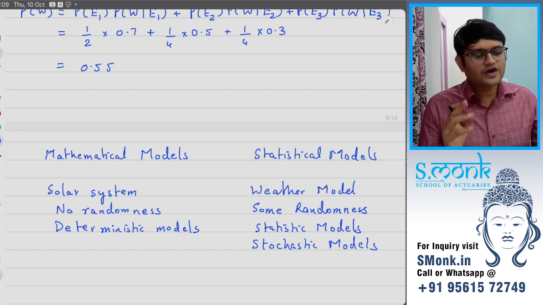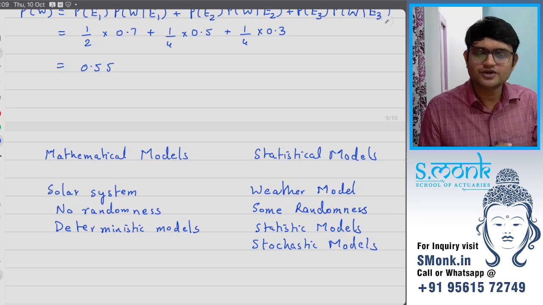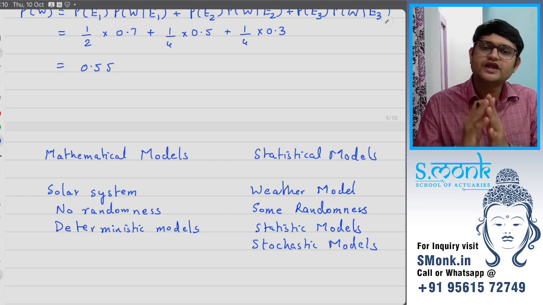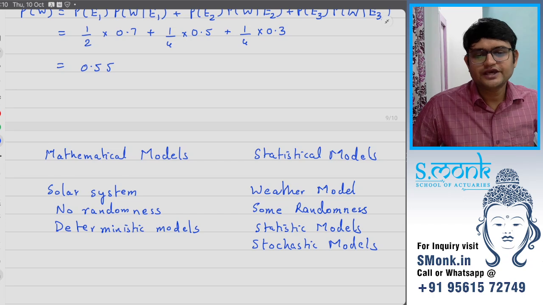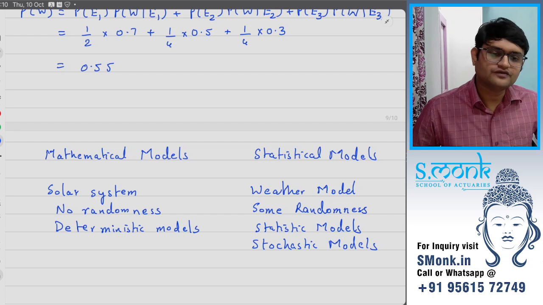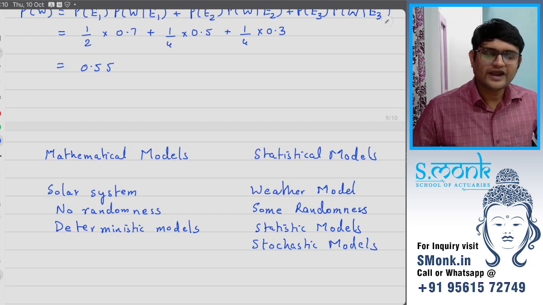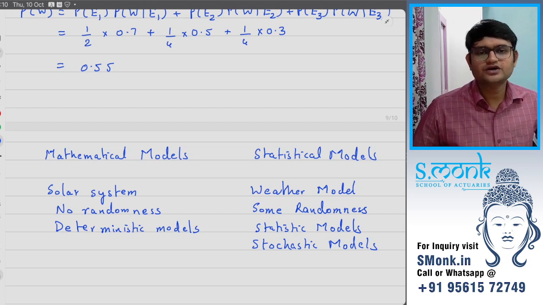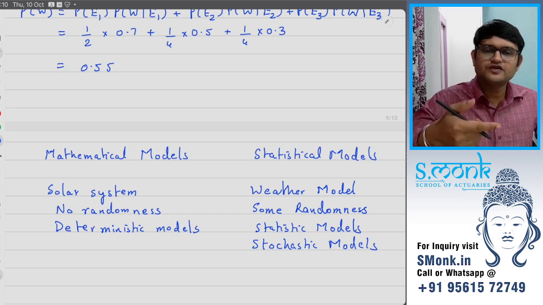So even if I have 100% information, I will never get 100% accuracy in my prediction. Like if I give you all the information about a coin, that let's say the probability of heads is perfectly balanced, and that is why the probability of heads is 0.5. I will tell you how I am rotating, how fast I am flipping the coin.